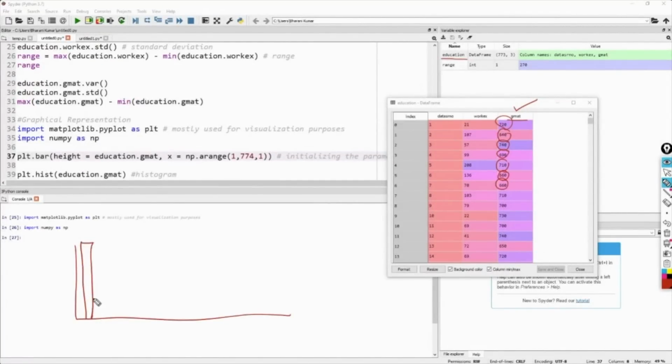This height of a bar would be represented using these values. And on the x-axis, what do you want? You want a range of numbers from 1 to 774. Why? Because you have 773 rows. So each row would be a bar.